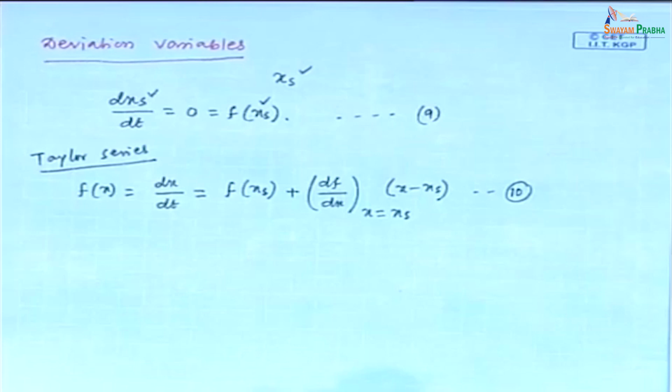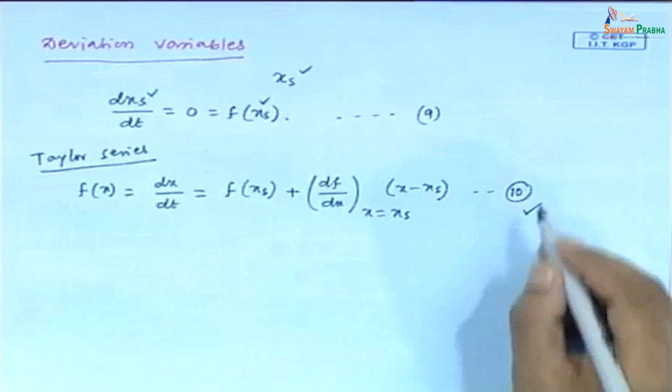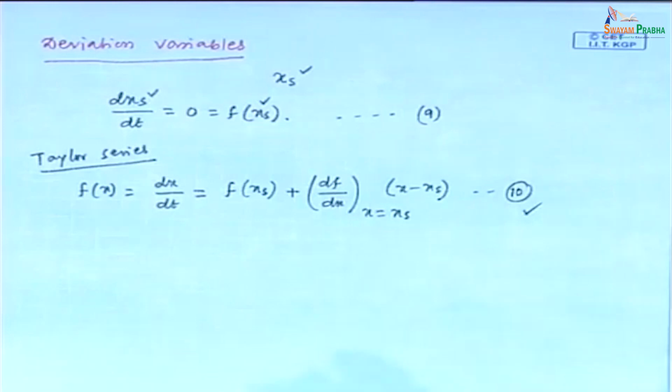The linearization of f x we got earlier. Here we have just substituted x naught equals xs and we get equation 10.